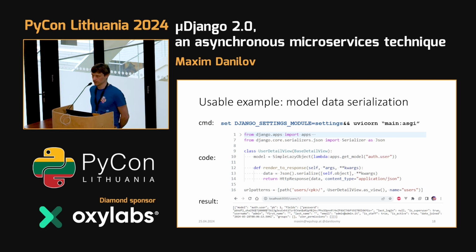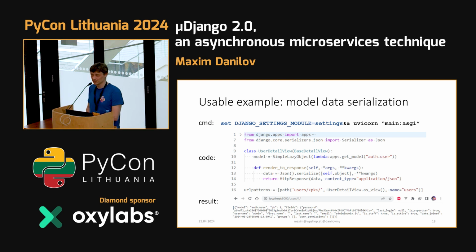It's built into Django. This Django serializer offers us the possibility to serialize Django objects without any problems and without Django REST framework, without anything. Okay, it works. You can run and test it yourself.